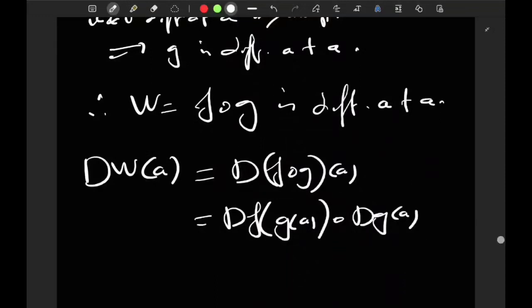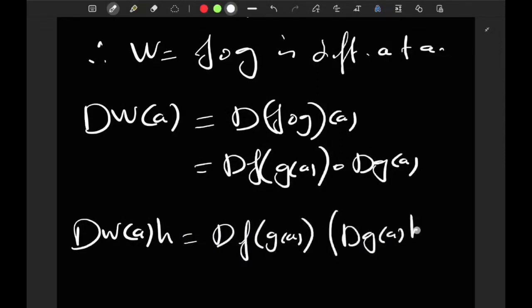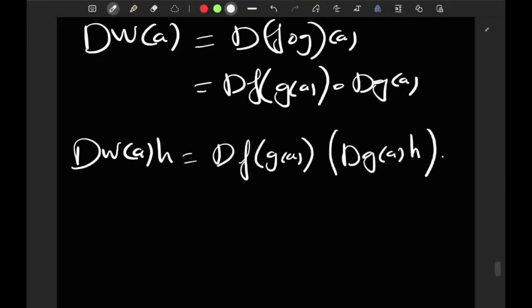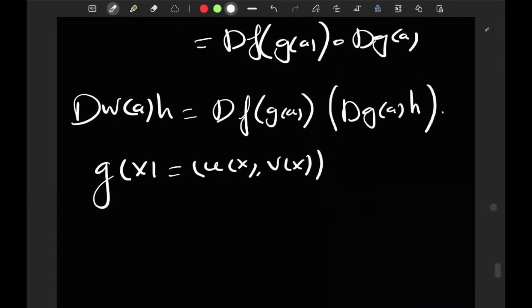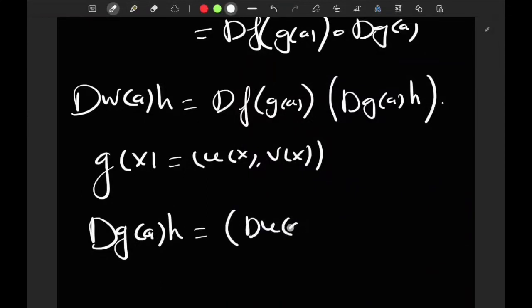So dW at A applied to H is dF at G of A applied to dG at A H. Now what's G? Again, G is the map U of X, V of X. And by the very theorem that is the topic of our work today, dG at A H is just dU at A H, dV at A H, right?